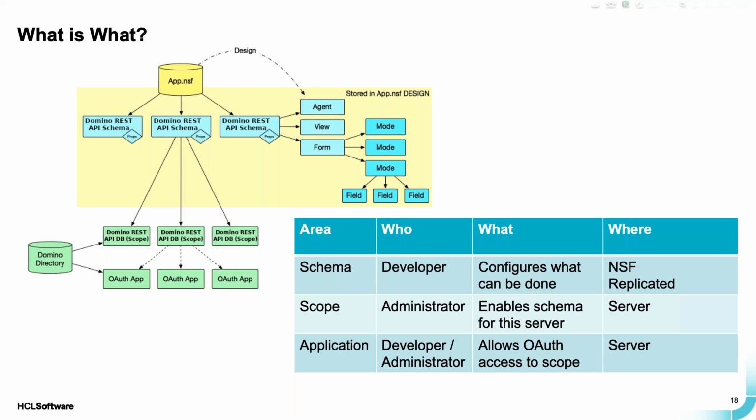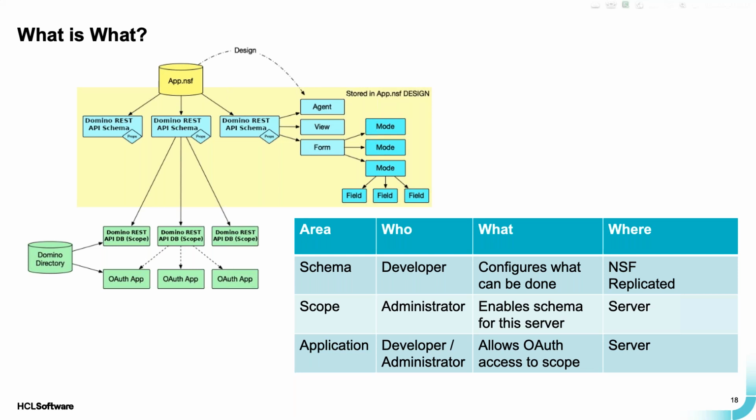But it can be administered by the Domino administrator to specifically open or close down access to a particular schema on a particular server. That is currently being stored in the KEEP config database. There are thoughts that at some point in the future that might be stored in the Domino directory, but it's currently being stored in the KEEP config.